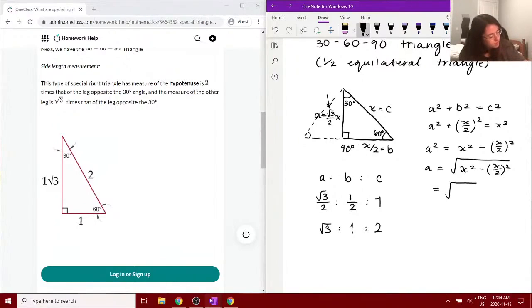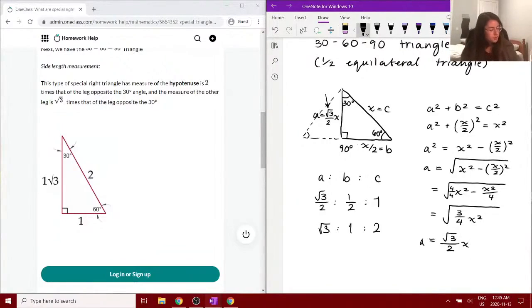If we expand that square bracket, we have x squared on top and 4 on the bottom. And if we subtract the fractions, because we can imagine this is 4 over 4, we get 3 over 4 x squared, which gives us root 3 over 2 x when you apply the square root to everything underneath it.